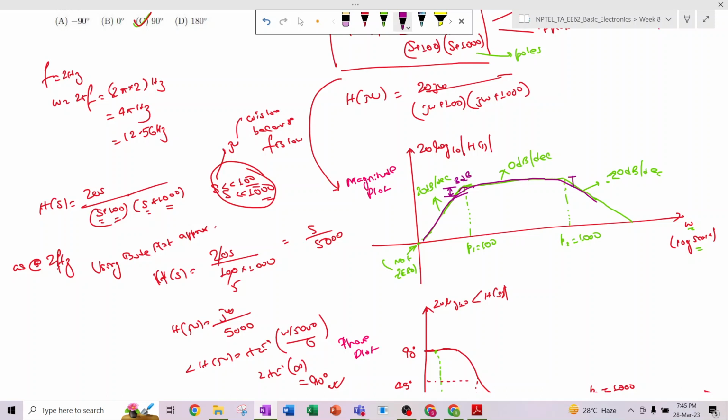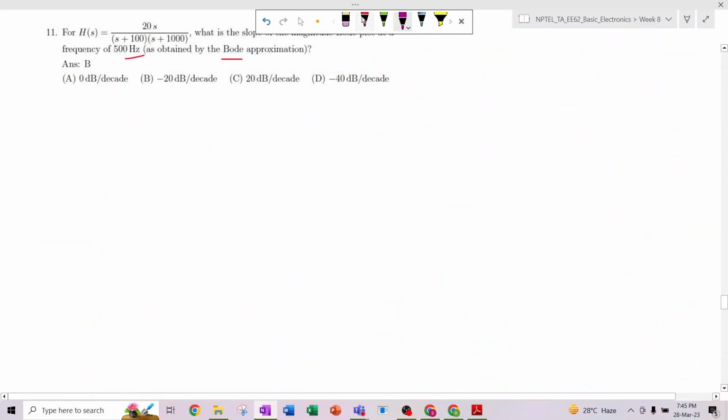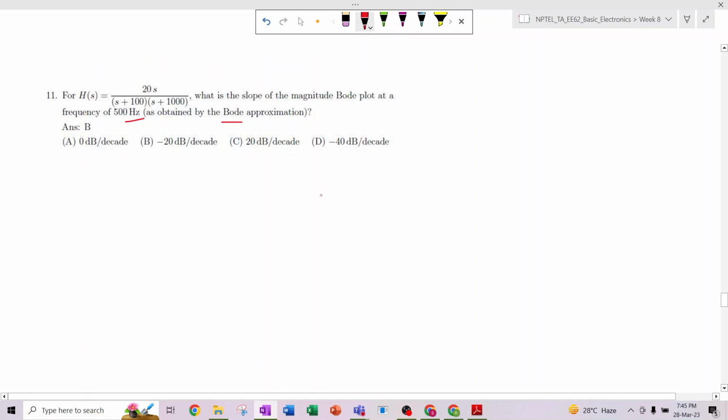But when we are using the Bode-Plot approximation, that means we are considering this sharp transition in our case. Okay, so now here what it is asking is, at the frequency of 500 hertz, according to the Bode approximation, what will be the slope of the magnitude.